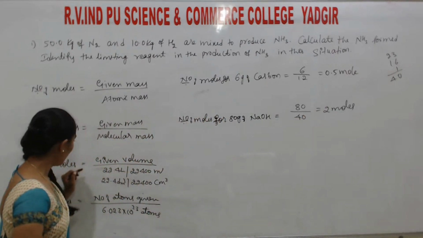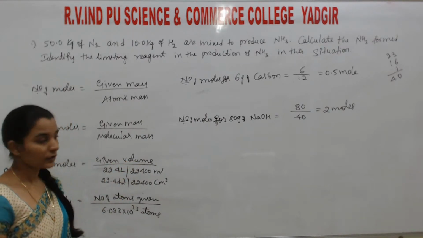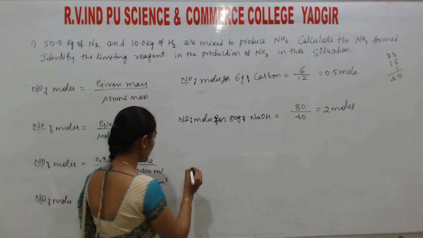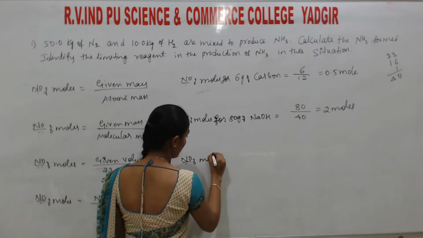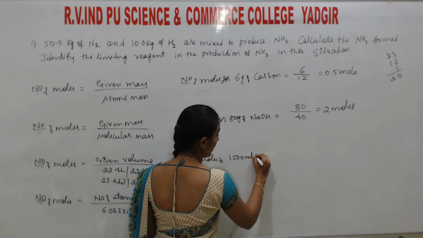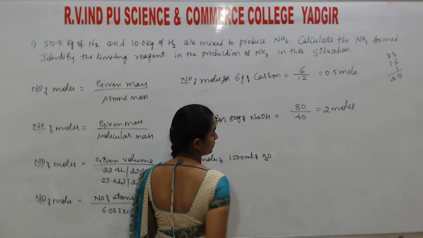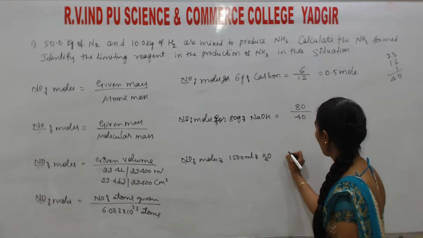Next. Number of moles is given volume by 22.4 liter. So for example, I take number of moles of 1500 ml of water.